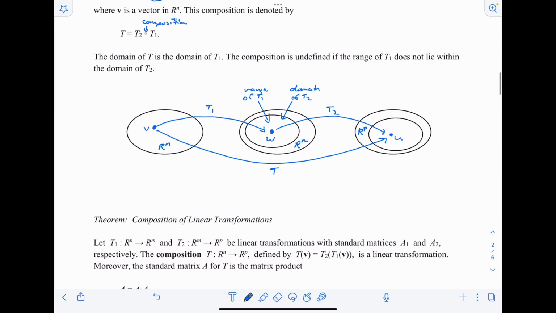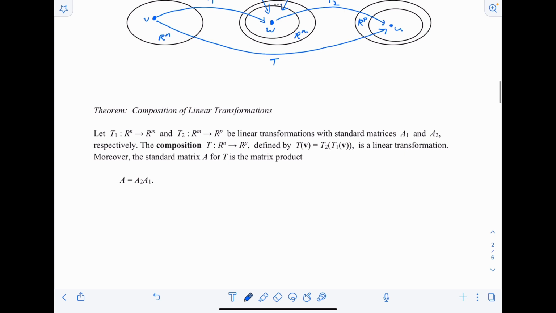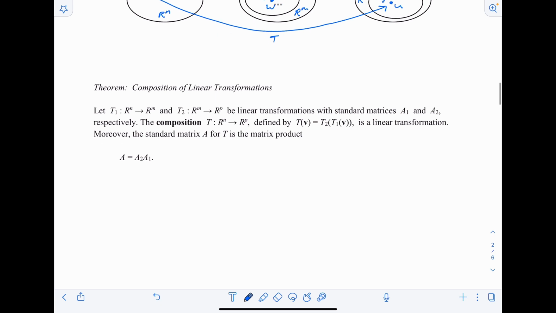All right, then we got a theorem out of this, and the theorem says that if T1 and T2 are linear transformations with standard matrices A1 and A2, then the composition T, defined by T of V equals T2 of T1 of V, is a linear transformation. Moreover, the standard matrix A for T is given by the matrix product A equals A2 times A1.